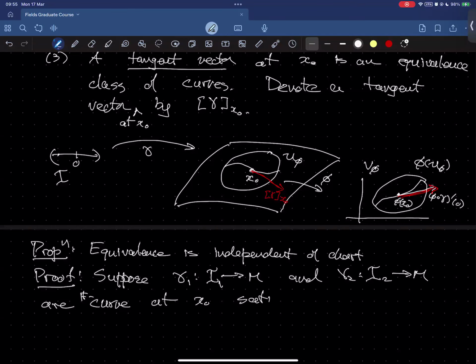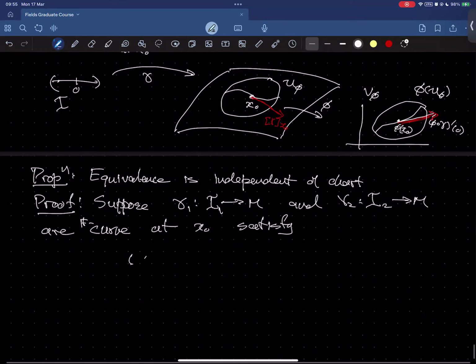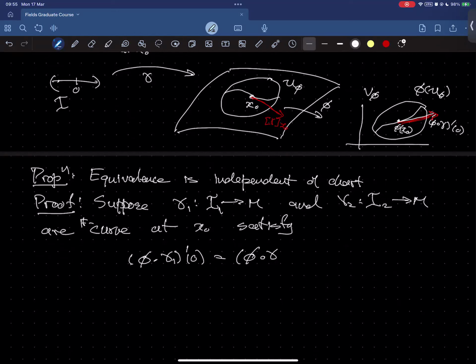and let's suppose they satisfy phi composed with gamma 1 prime at 0 is equal to phi composed with gamma 2 prime at 0. That's the equivalence condition in the chart phi.